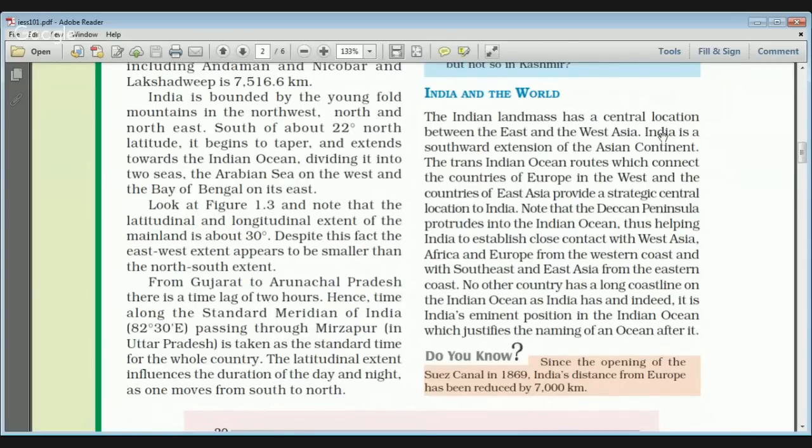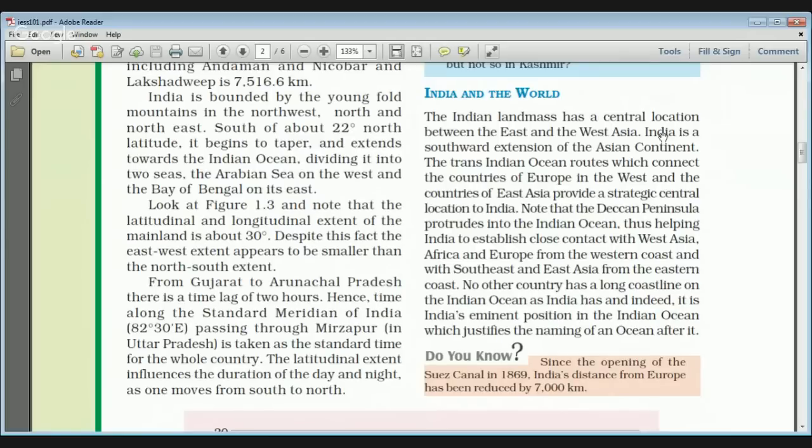And the Trans-Indian Ocean route, which connects the countries of Europe in the west and the countries of East Asia, provides a strategic central location too, because India is centrally located, so it connects the countries of the west, that is Africa and European trade, with the countries of East Asia and Southeast Asia.